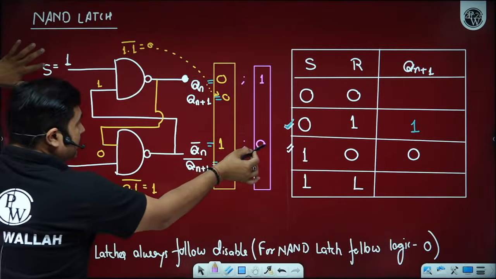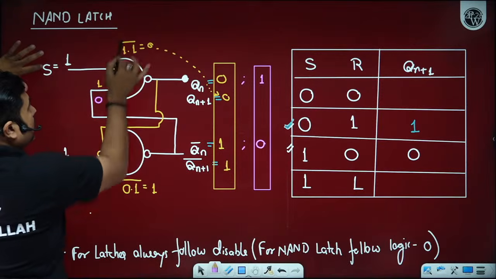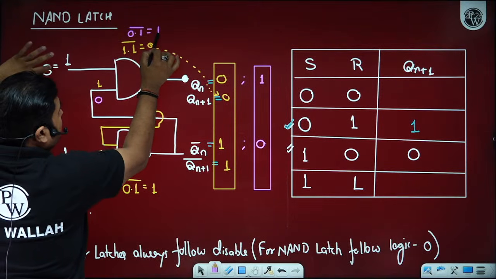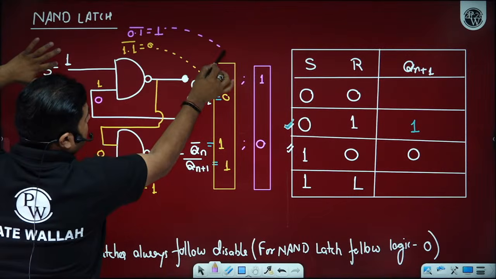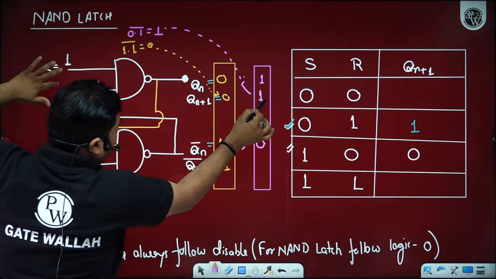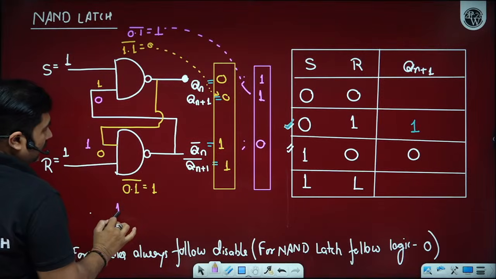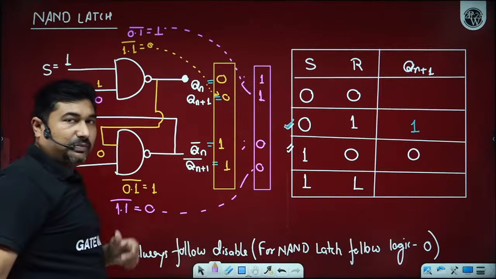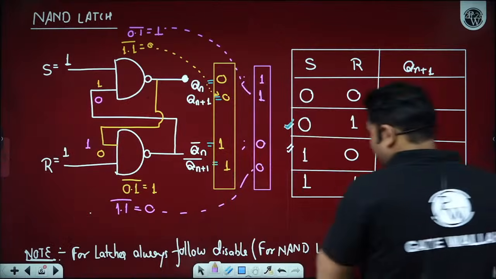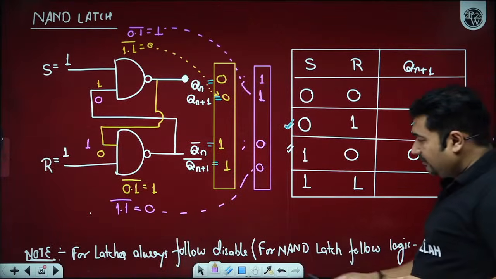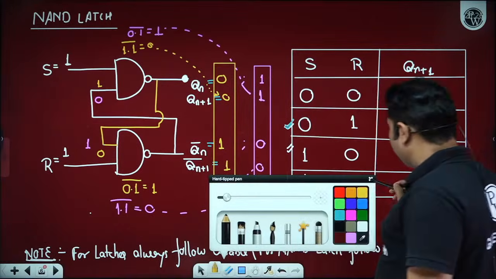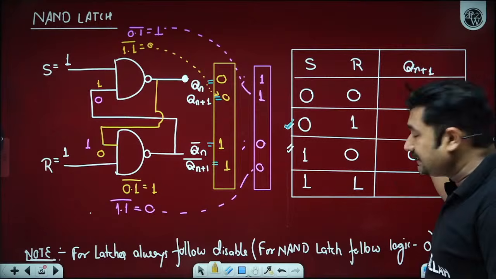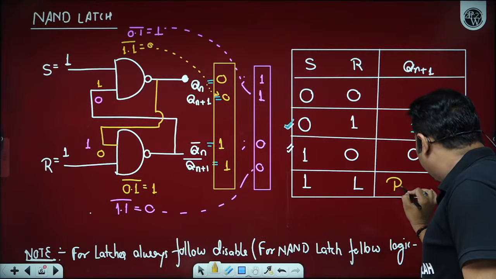Sir, this is 0, so we have to follow 0. 0 into anything is 0, complement is 1. So here we are again getting 1. 1 will come here, 1 into 1, its complement will become 0. We are again getting 0. So it means when both are 1, 1, both the logic gates get enabled, and we are getting our next state, Qn plus 1, same as the previous state.